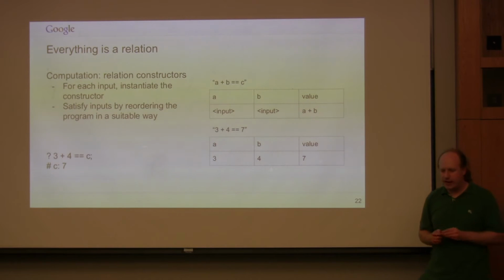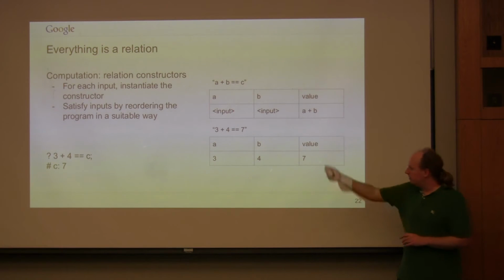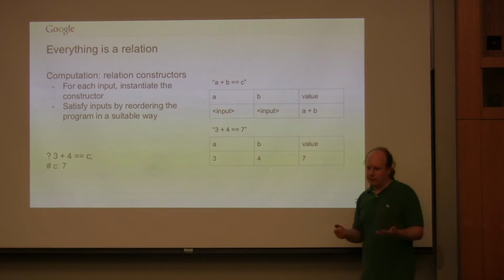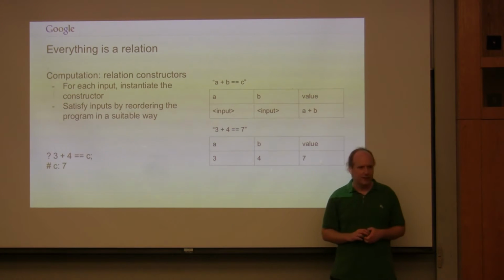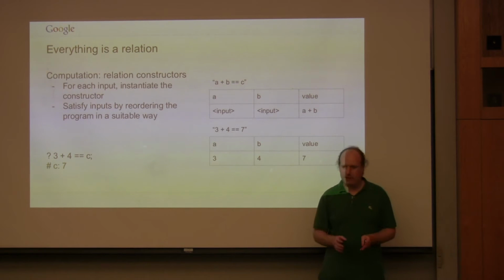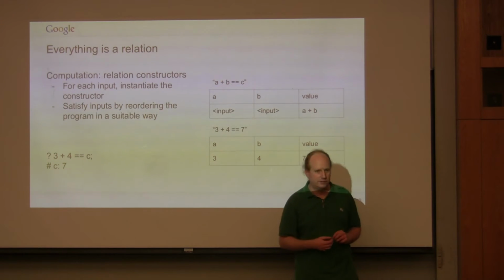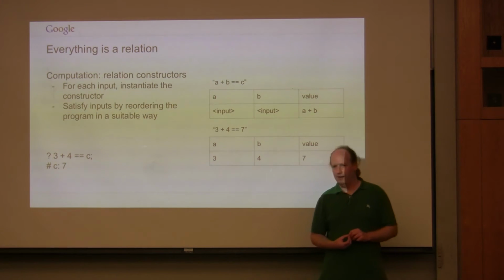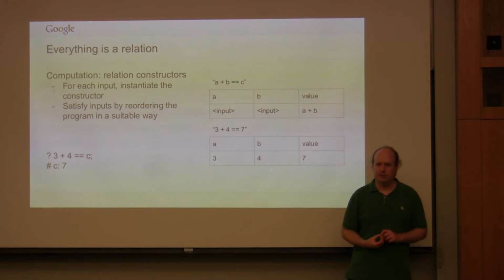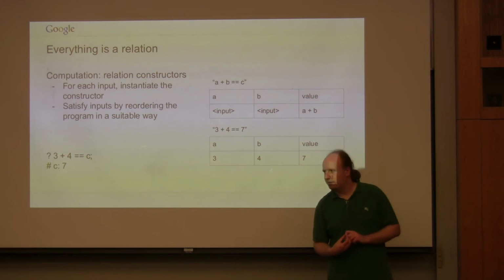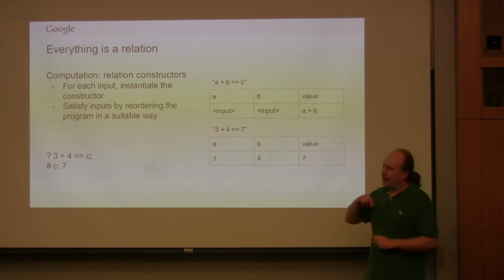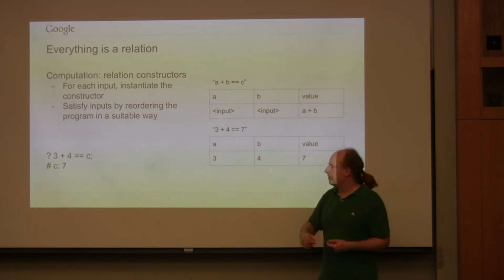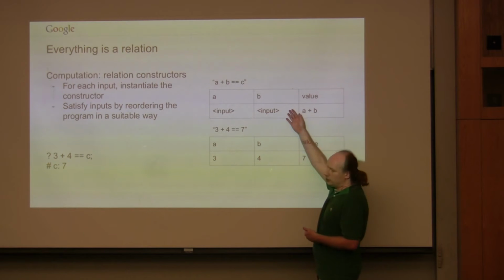Now, what's also a relation is computation. So now, for example, if you think about something like a plus b equals c, well, you can think about this, for example, as an infinite relation of all triples of numbers that sum up to each other. Unfortunately, that's not very practical for a system because infinite things don't tend to work well. So in practice, we look at everything as a relation constructor.